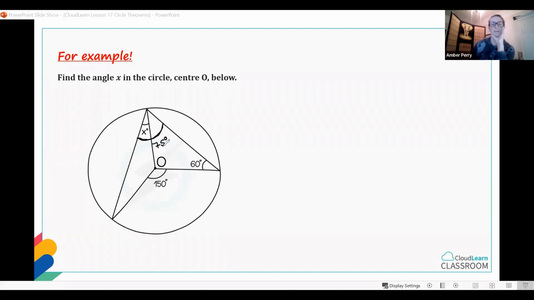So that's the first thing. We've used that circle theorem. And if I was sat in an exam answering this question, I would write down that this angle was 75. You can put it on the diagram, the examiner will mark it if it's on the diagram, that's fine. But you also need to write your reason. So you're going to write 75 and you're going to write angle at the center is twice the angle at the circumference.